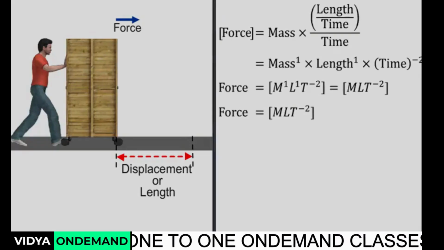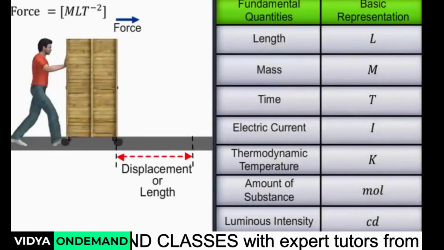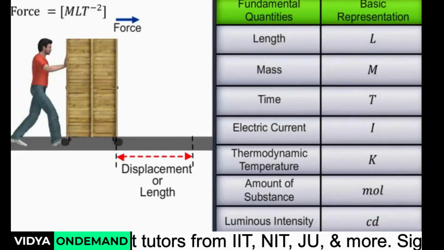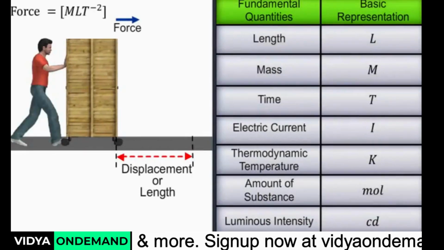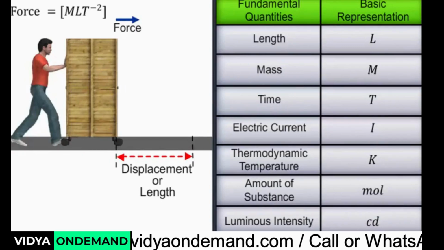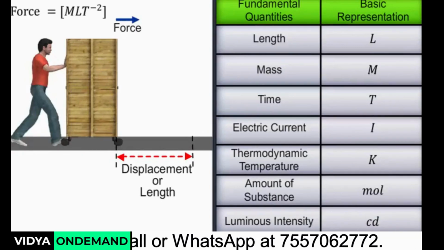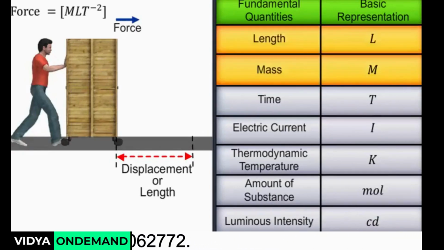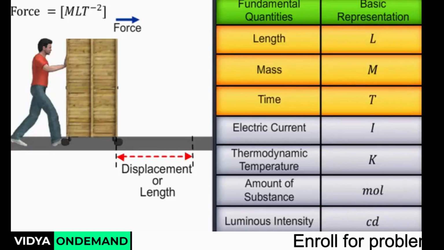Of the 7 base quantities in the SI system, we see that only 3, namely mass, length, and time, exist in the dimensional formula for force.